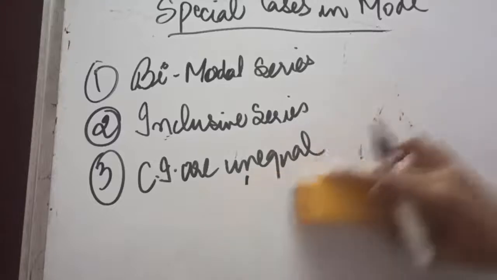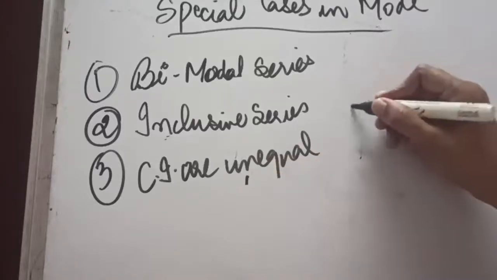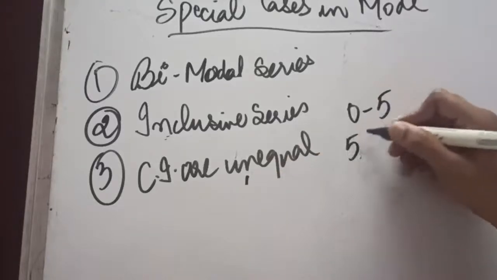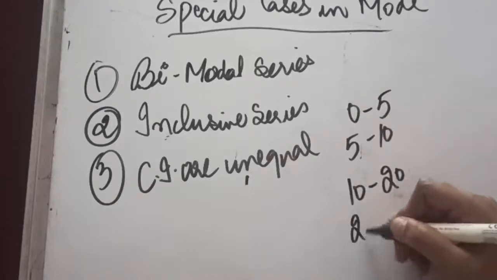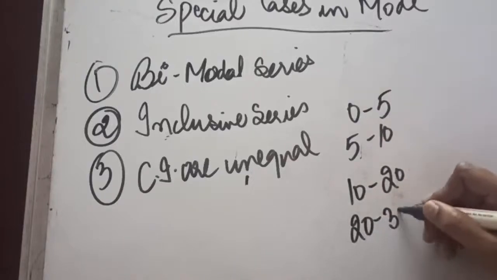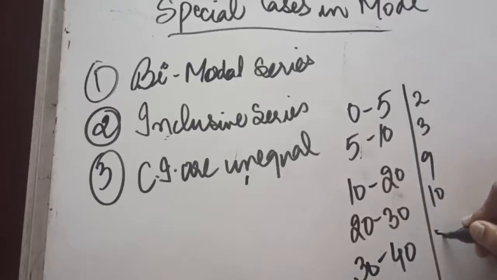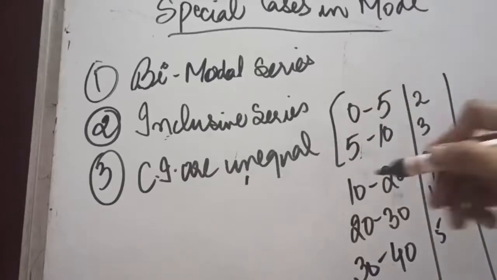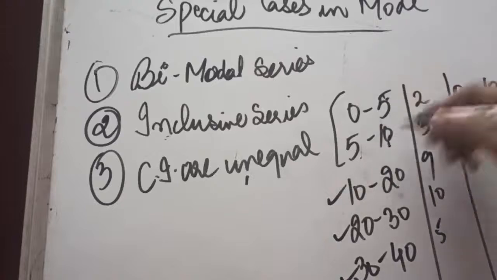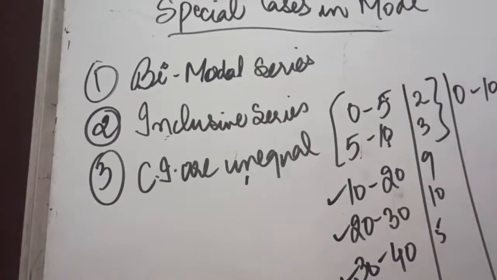If I just show you a very simple example, if such a question comes in front of you, 0 to 5, 5 to 10, 10 to 20, 20 to 30, 30 to 40, and frequencies are 2, 3, 9, 10, like that. So now you can see here the difference is 5, 5. Here the differences are 10, 10, 10. So we will merge these two classes. So our class interval will be 0 to 10 and frequencies will also be merged.